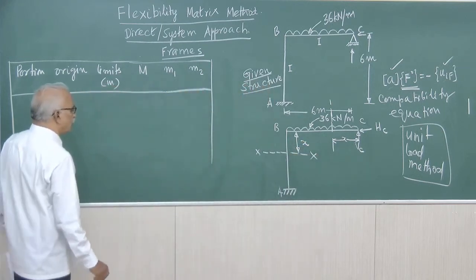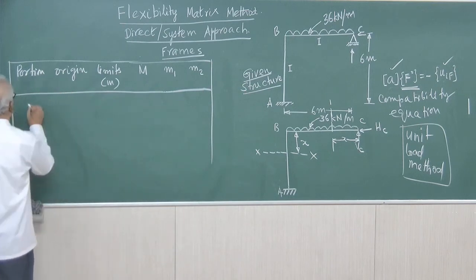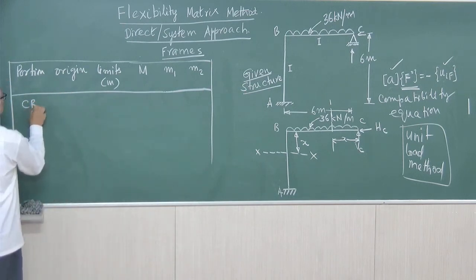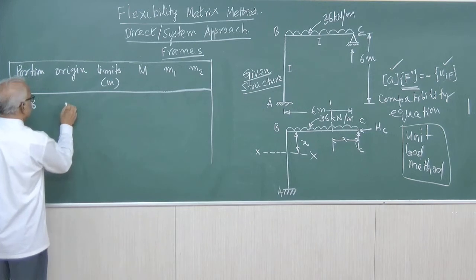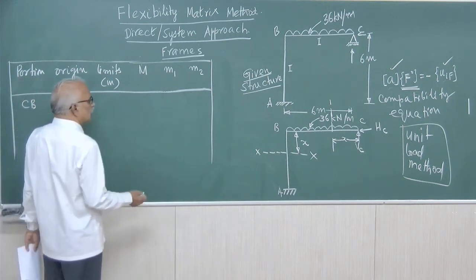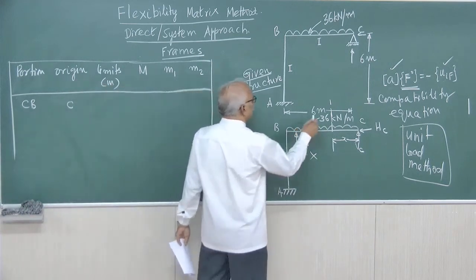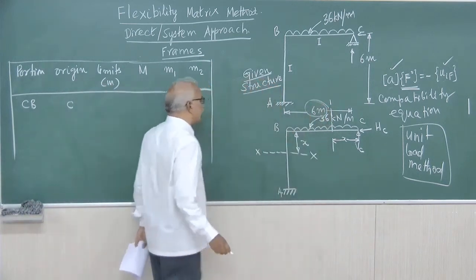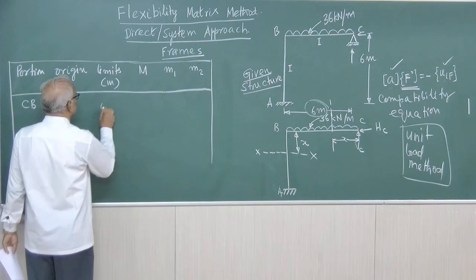So one portion is CB, for which origin is C, limits 0 to 6 meters, because the length of the span is 6 meters.